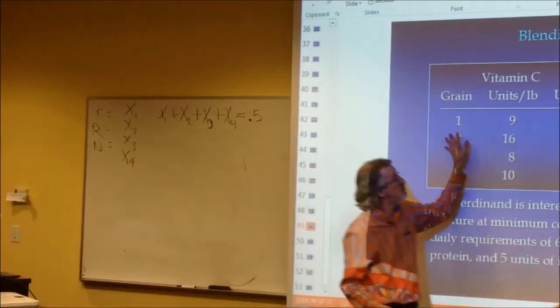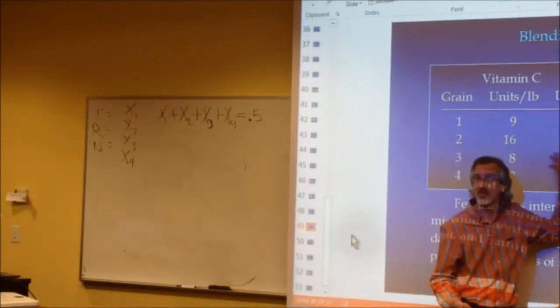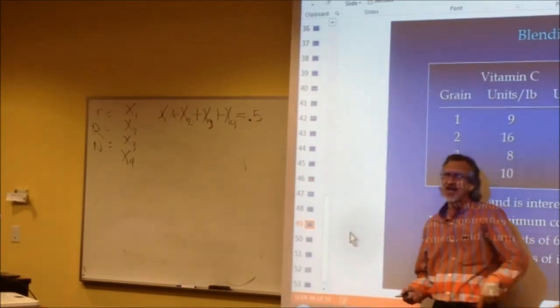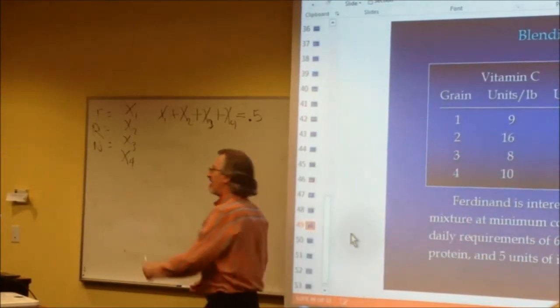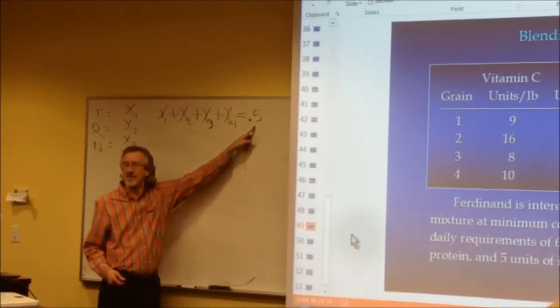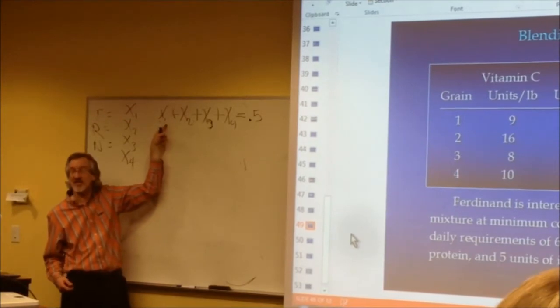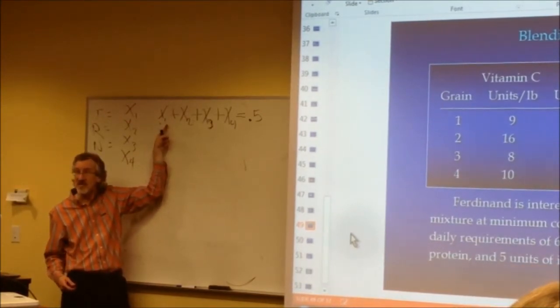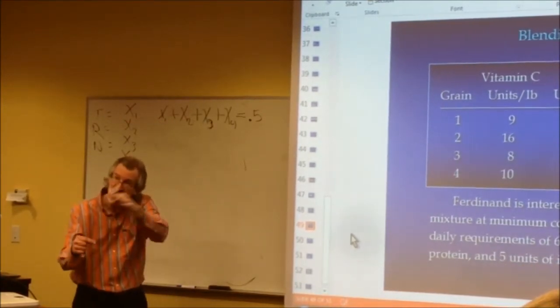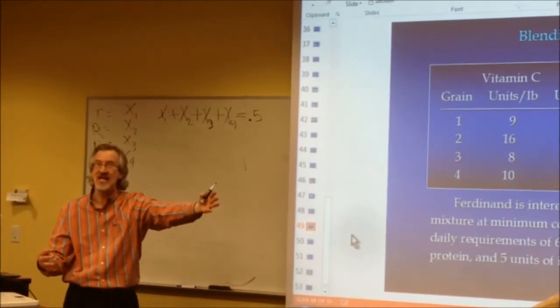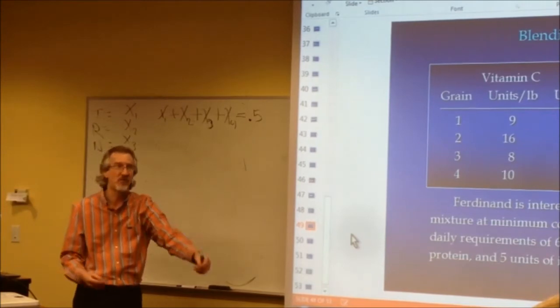As students in the past say, you have to split all these numbers in half because it's an 8-ounce bag and these are all in pounds. This already takes it to a half-a-pound bag. The optimal solution will be how much you're putting in of each grain into a half-a-pound. So it will tell you exactly the mix for 8 ounces, which is a half-a-pound.